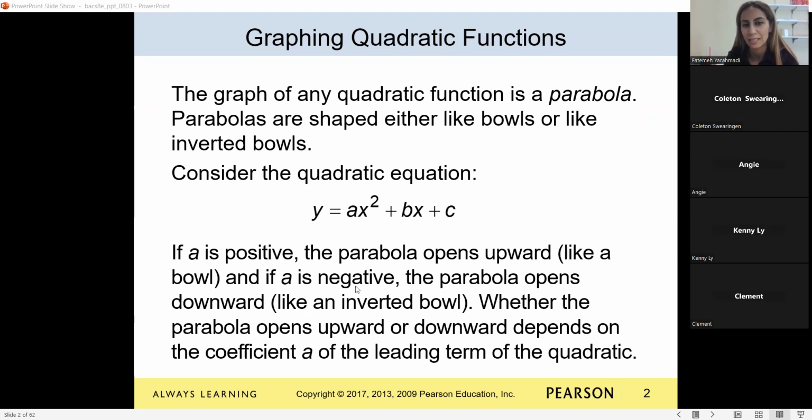And if a is negative, then the parabola opens downward like an inverted bowl. Whether the parabola opens upward or downward depends on the coefficient a that we call the leading coefficient. ax squared is the leading term. Why is that? Because the degree of x is the highest.